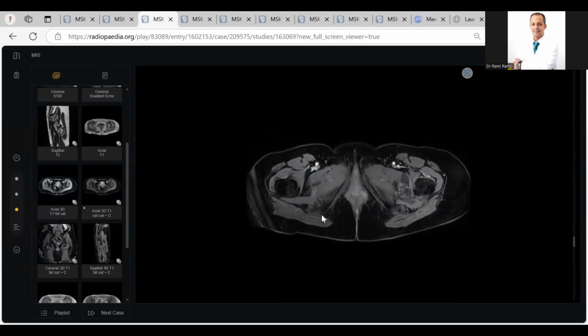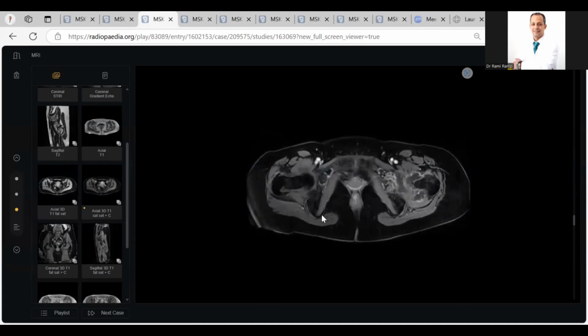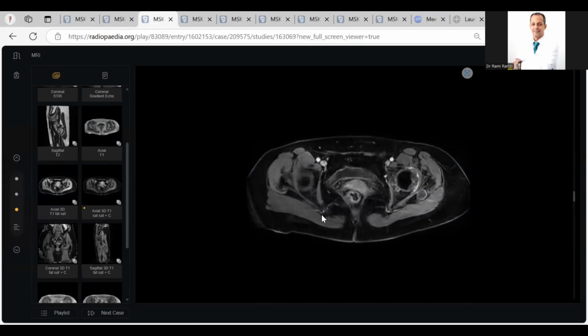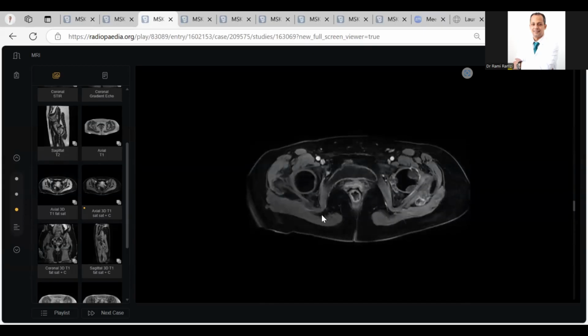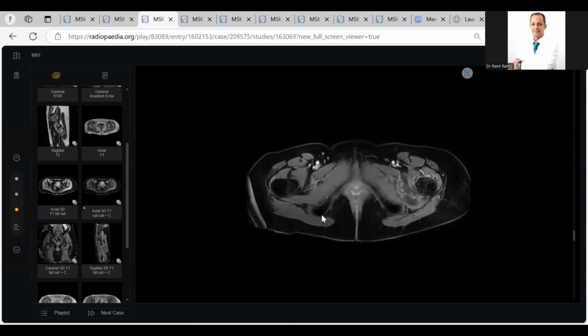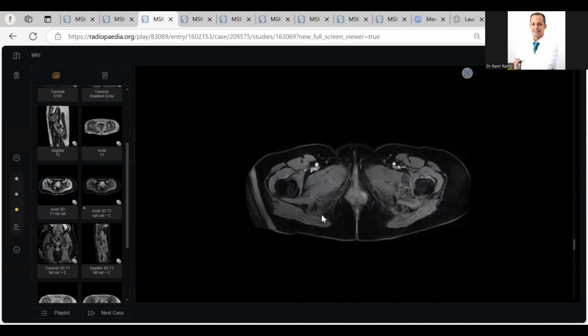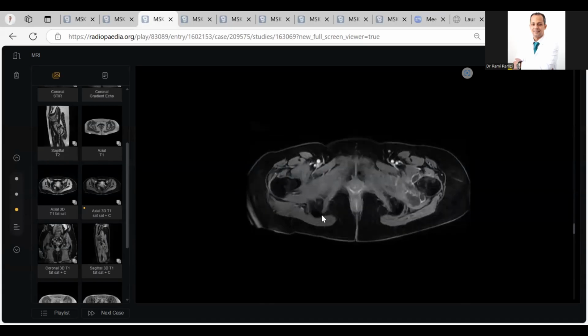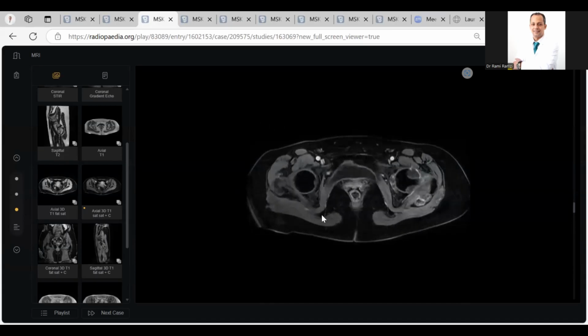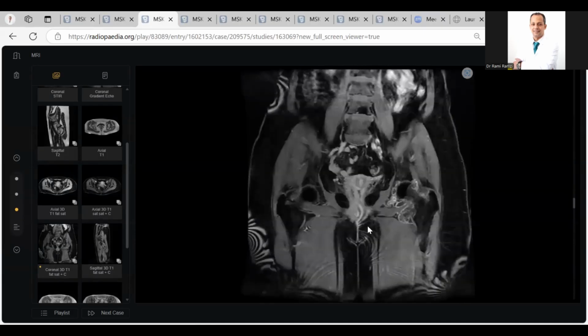On the post-contrast, it is showing a peripheral rim-like enhancement of this large soft tissue encircling the proximal femur, and also reducing the femoral neck size. I think this could be an inflammatory process leading to inflammation of the synovium. Excellent. What else?